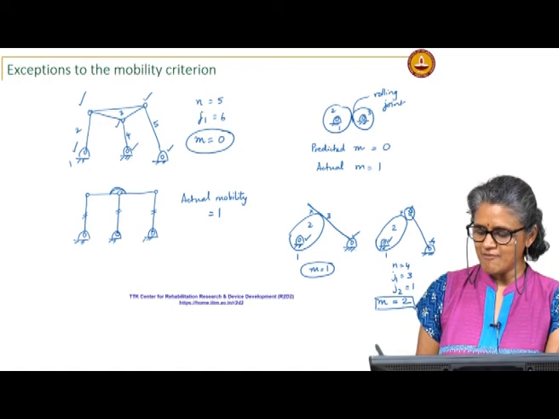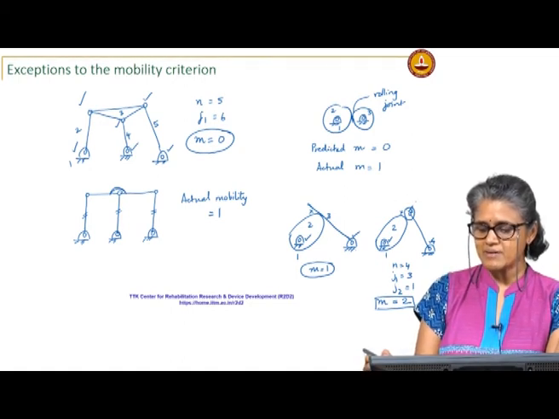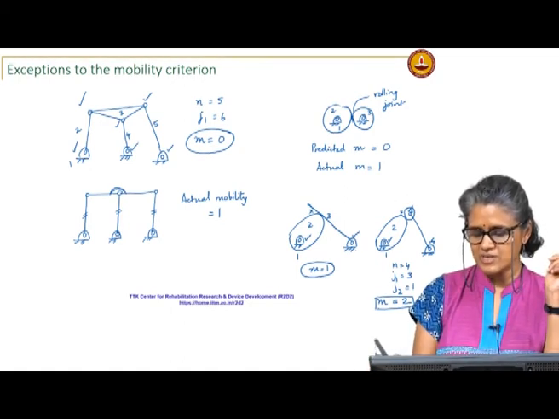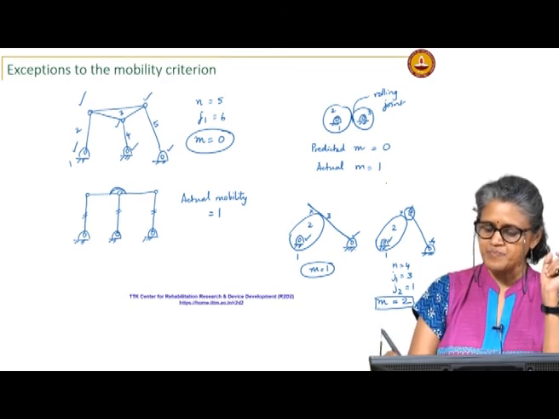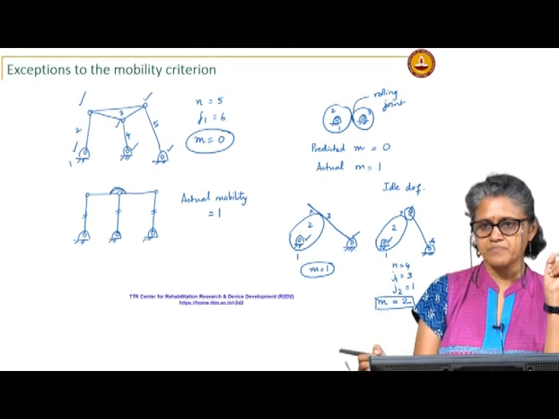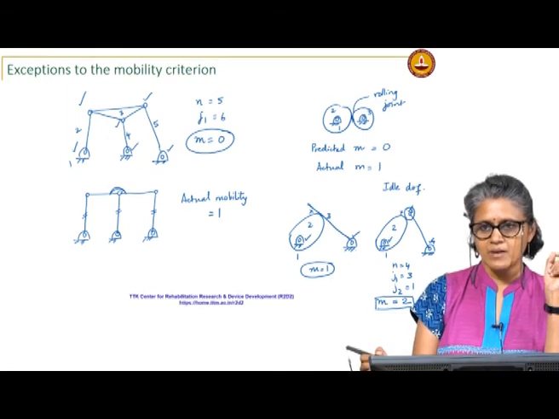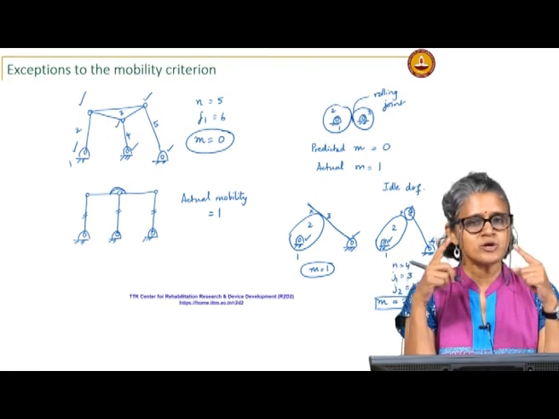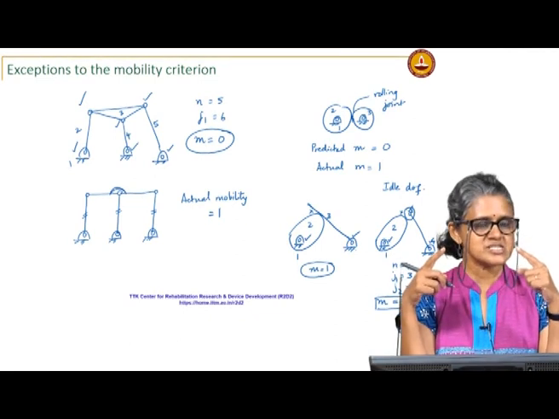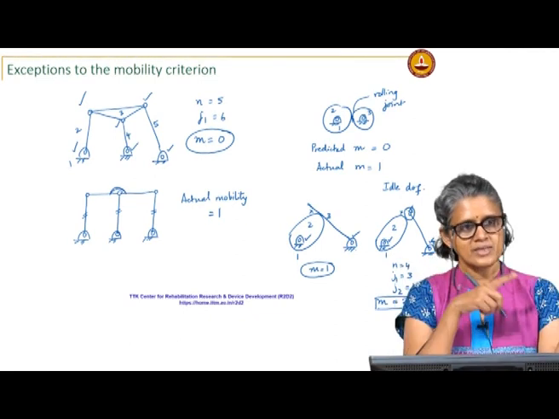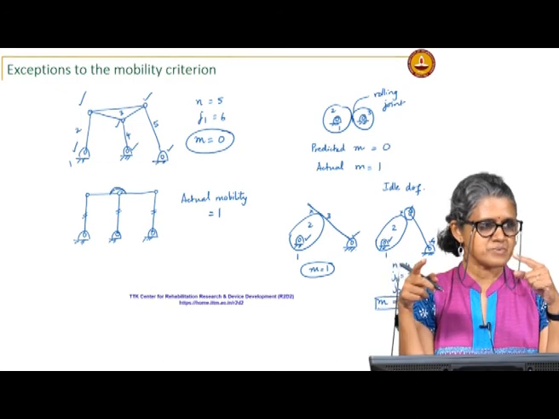Okay. So, when you have degrees of freedom like that, which is encountered typically with rollers and things like that, those are called idle degrees of freedom, because they do not contribute to the input output relationship, they do not affect the input output relationship.